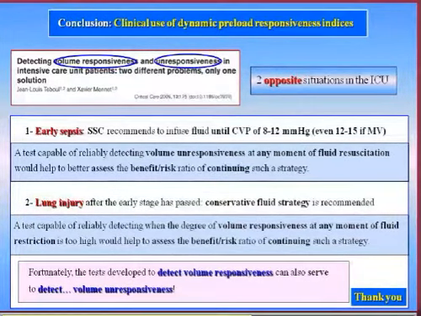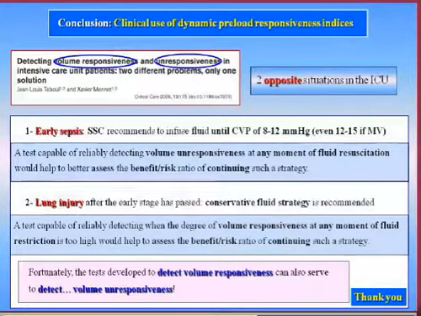We can agree or not with this proposition, but what I recommend is to add a test during this strategy, and a test capable of reliably detecting volume unresponsiveness at any moment of fluid resuscitation would help to better assess the benefit-risk ratio of continuing such a strategy.